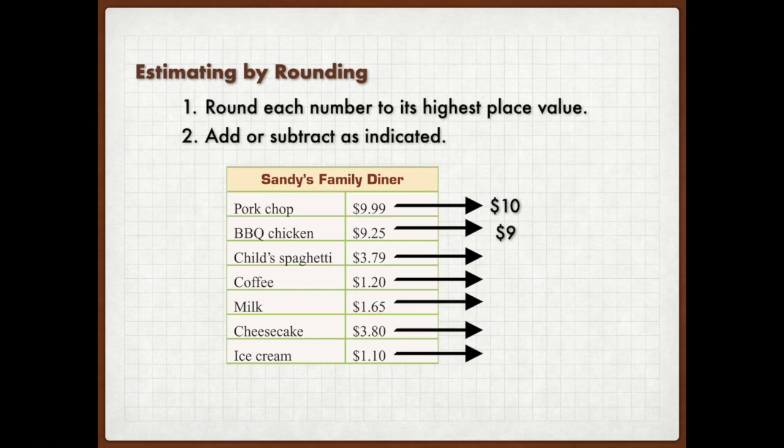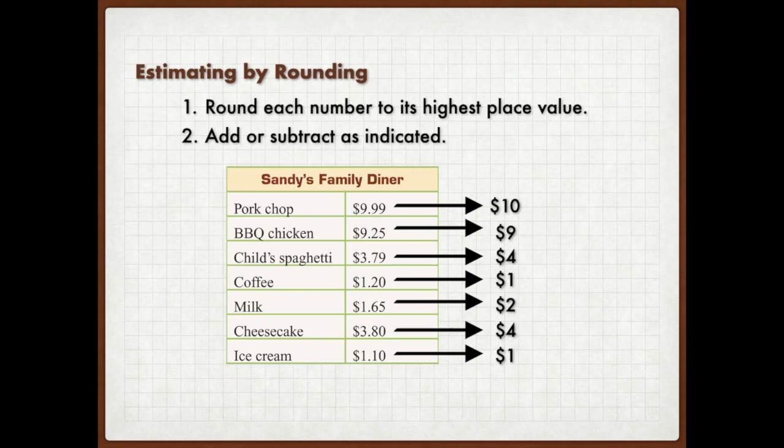Underline the 3, circle the 7. 7 is greater than 5, that will give me $4. The coffee rounds down to $1. The milk rounds up to $2. The cheesecake, because the 8 is higher than 5, will round up to $4. And then ice cream rounds down to $1.